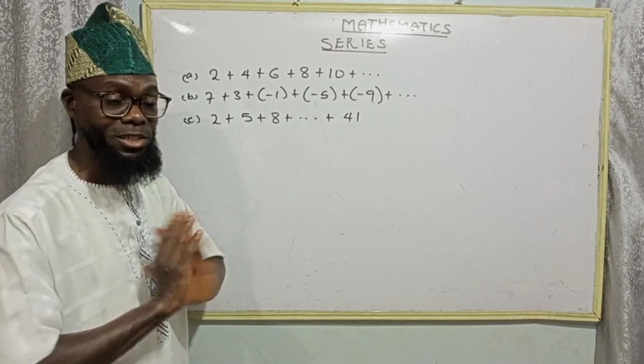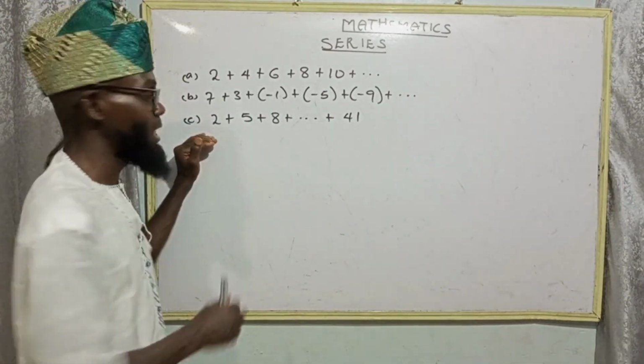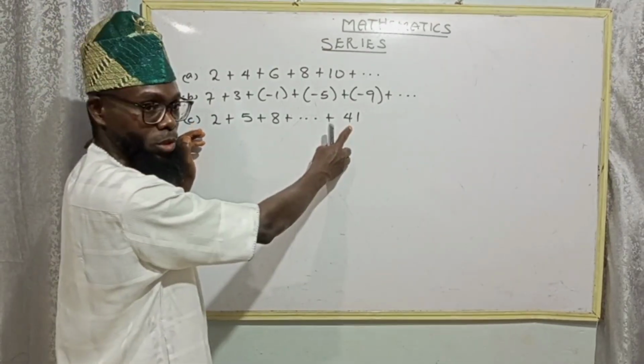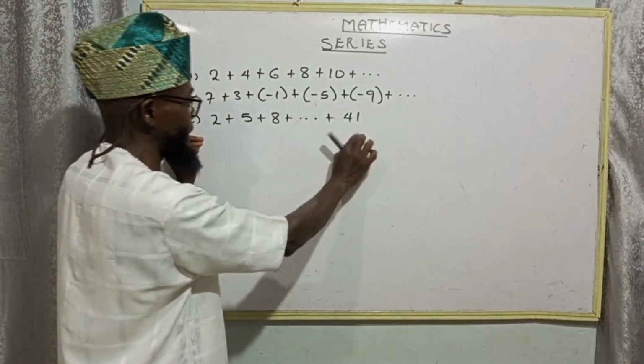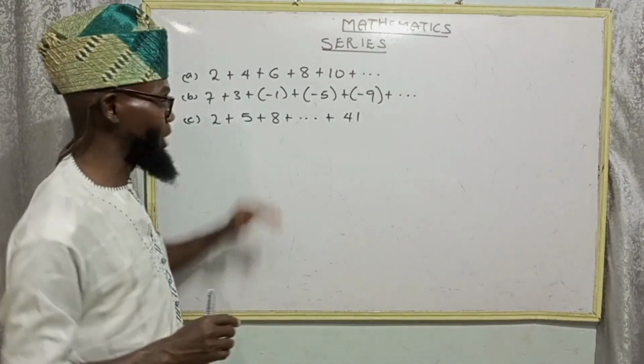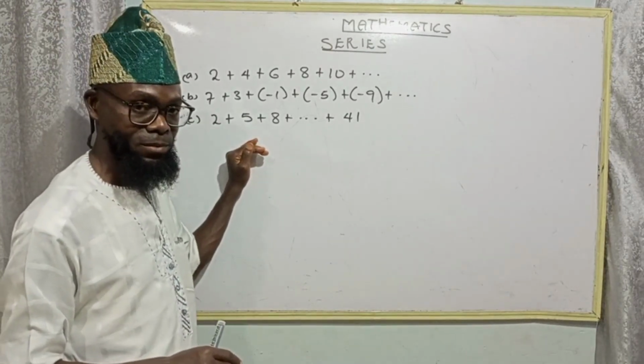We cannot determine the total sum. But for C, this one is called a finite series. Here, we have the last term, the 10th, which is 21. So the sum of these 10 terms can be gotten. The total sum can be gotten. So this type of series is called a finite series.